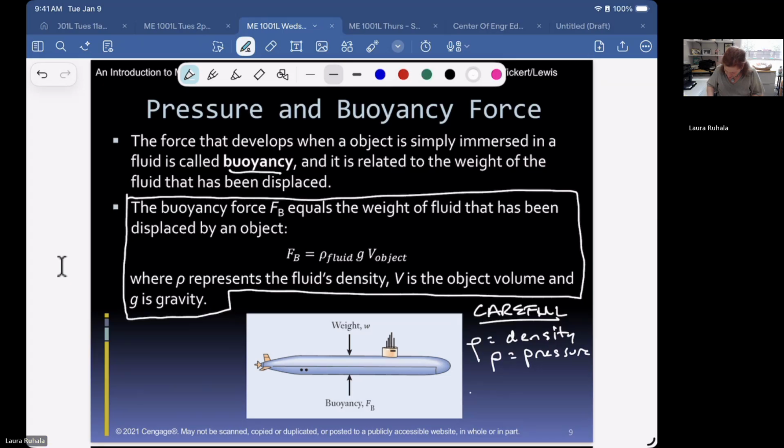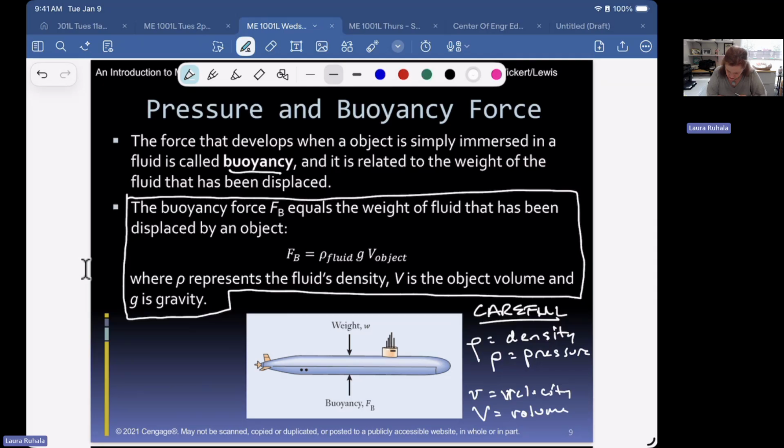Also, little v is velocity. Big V is volume. So you really have to write clearly to be able to even follow your own work, let alone have somebody else follow it. All right, let's continue on pressure and buoyancy.